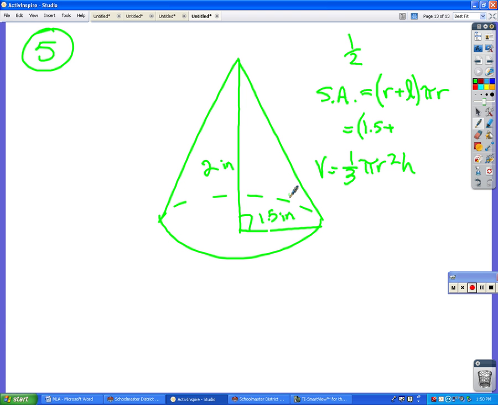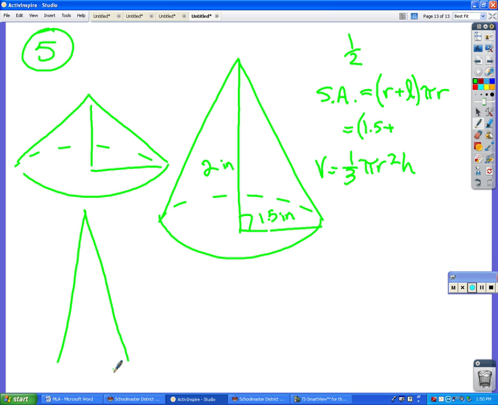I could make a big, fat, short cone like that, and this angle is going to be different, or I can make a really tall, skinny cone like this, and then that angle is going to be different. So this triangle can come out to be any kind of shape I want.